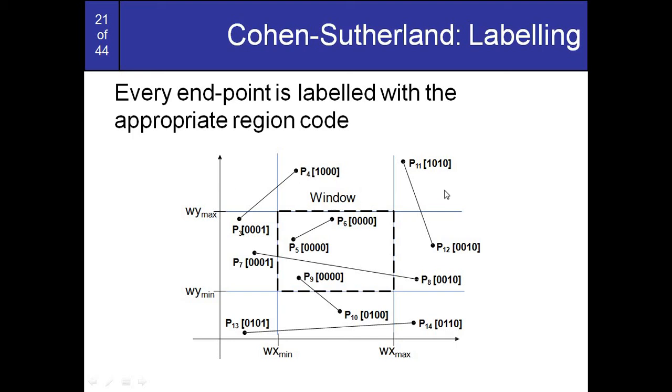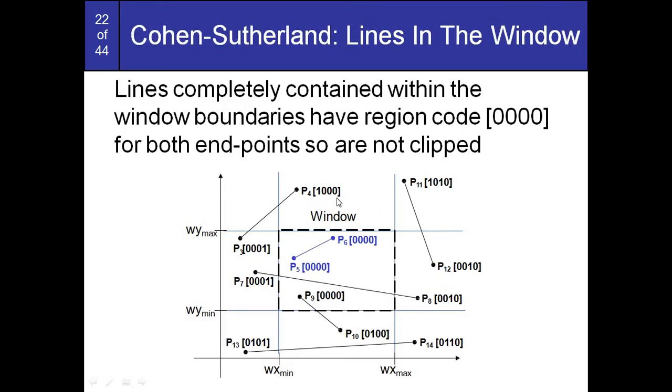This whole layer above WY max is the top region. The whole region between WY min and WY max is the middle region, and the whole area below WY min is the bottom region. So for this point, the top value is 1, the left value is 0, the bottom value is 0, and the right value is 0. Accordingly, all these points are allocated values.